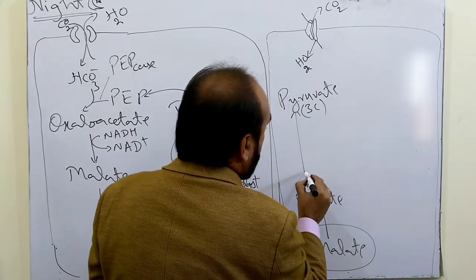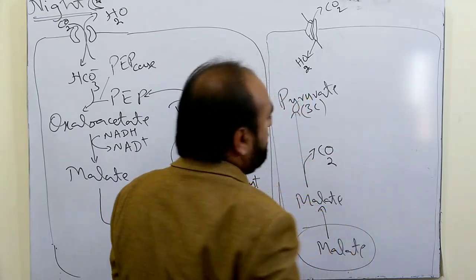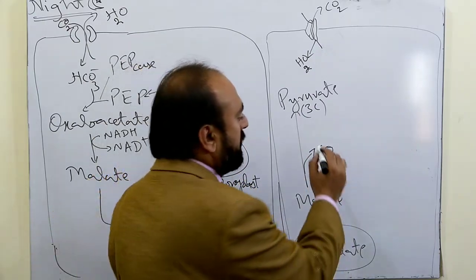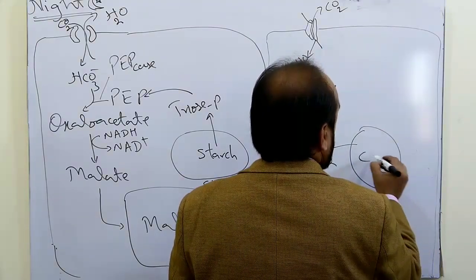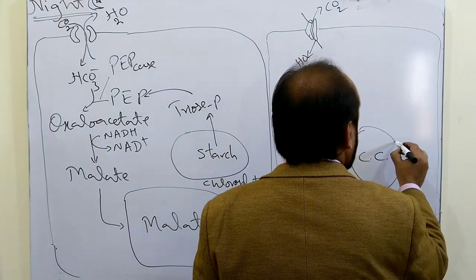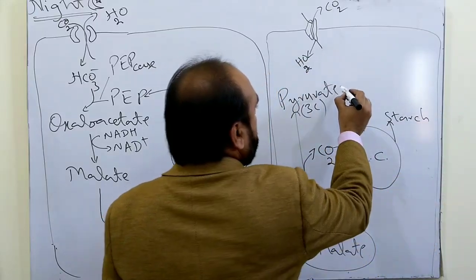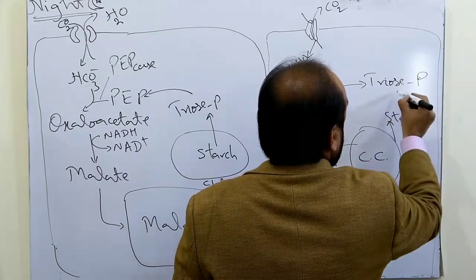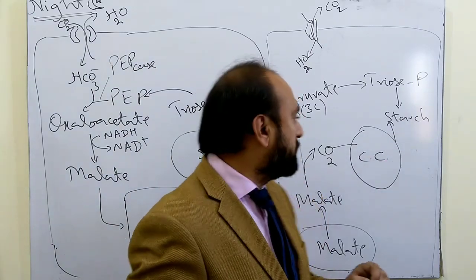Malate undergoes a decarboxylation reaction, releasing carbon dioxide. As we discussed in the C4 pathway, in the same way this carbon dioxide can be fixed via the Calvin cycle, or C3 cycle, or photosynthetic carbon reduction cycle, forming starch. This pyruvate can be converted to triose phosphate, and this can also be converted to starch.